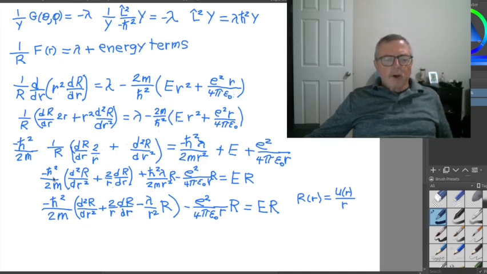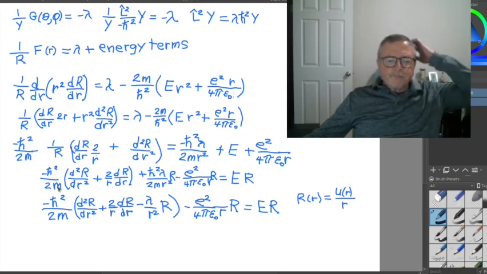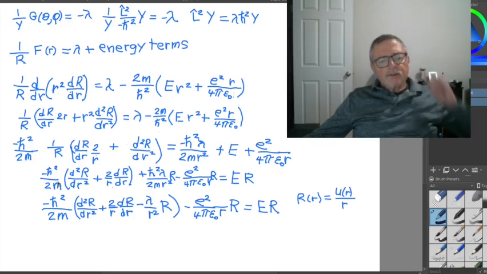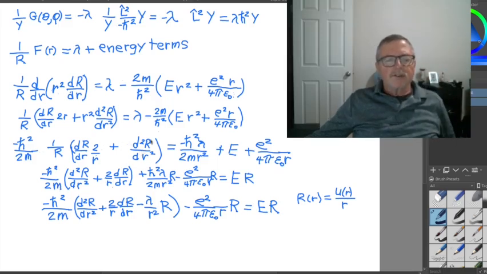Here's negative h bar squared. And what did I do next? Oh, I kind of reorganized stuff. I put the second partial of R with respect to r squared over here, and then the 2 over r, first partial of R with respect to r, plus, I brought this over from the right-hand side.